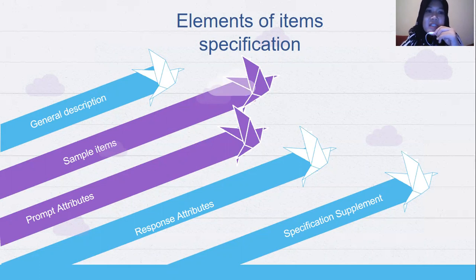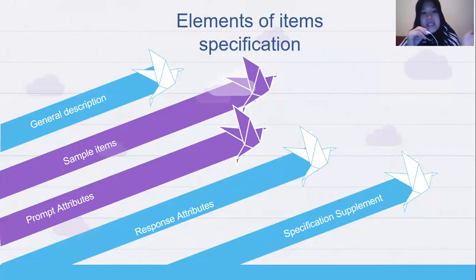General descriptions are the clear descriptions that must be known by the test taker related to the knowledge or the skills that are going to be measured. So there must be a general description first. And then the second element is the sample items.